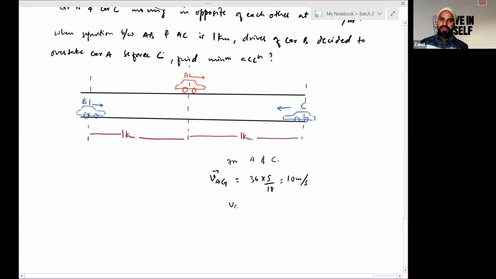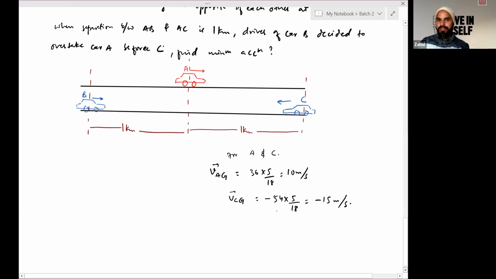Similarly, velocity of C with respect to ground is in west, so it will be negative 54 into 5 by 18, so it will be minus 15 meter per second.